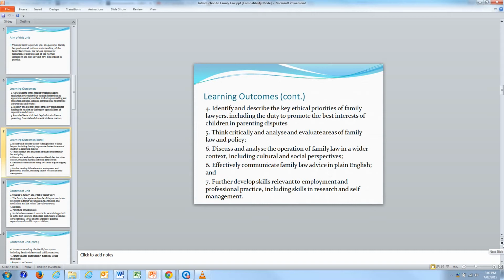We'll be looking critically at family law, and we'll also be undertaking some real-world activities that you might complete if you're a family lawyer in practice.